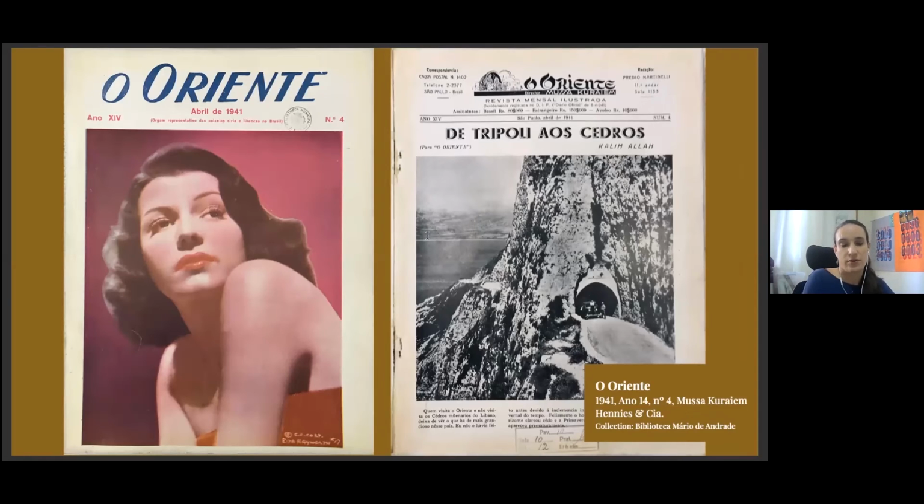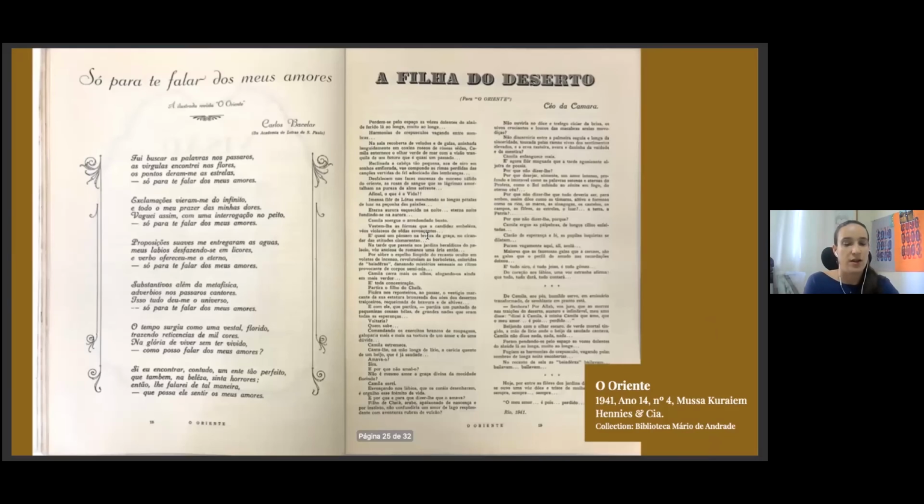O Oriente was a magazine aimed at the Syrian and Lebanese community in São Paulo, printed by the Haynes in the 1940s. The vast majority of editions carried images of women in the front cover in full color. Edited by Musa Kurayen, this was a bilingual monthly publication with texts in Portuguese and Arabic.